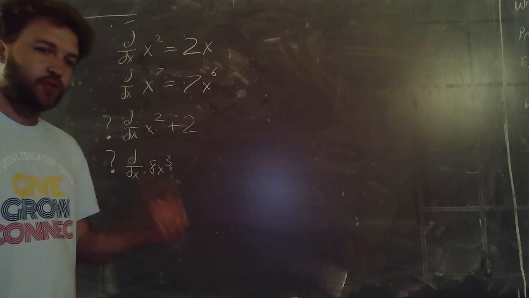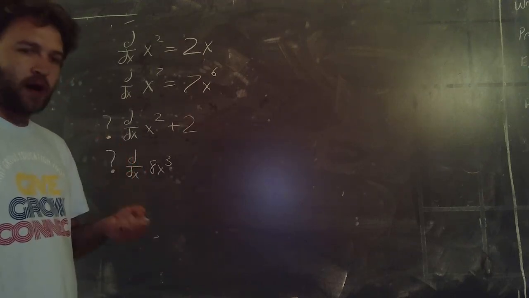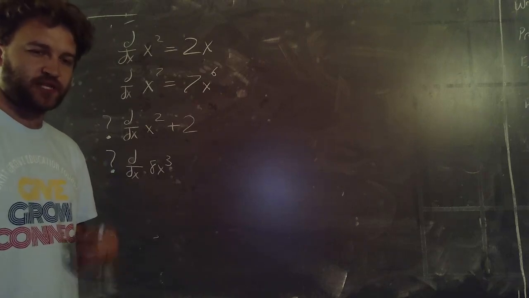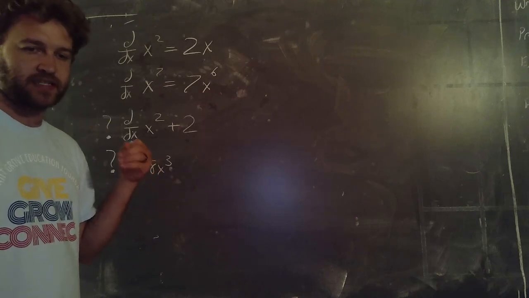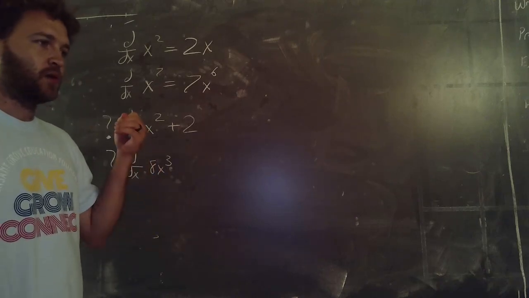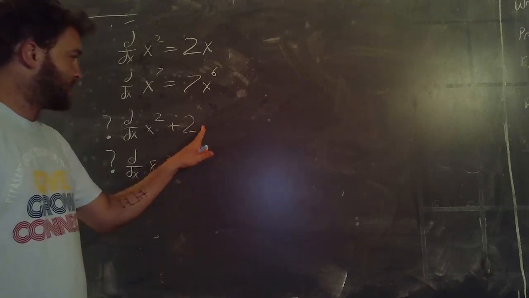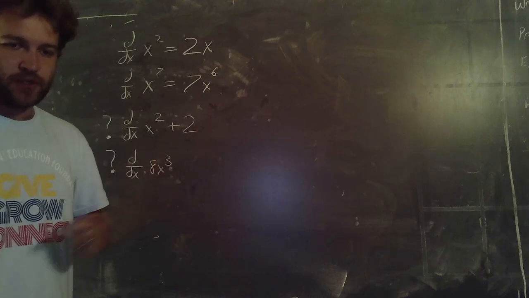It's not necessarily a proof, but I think you'll see that any problem that we do this way will follow the same general principles. The same moves are happening every single time. So without going into a proof, we're going to show that this must be the case every time we have a constant that's been added, and then every time we have a constant that's been multiplied.